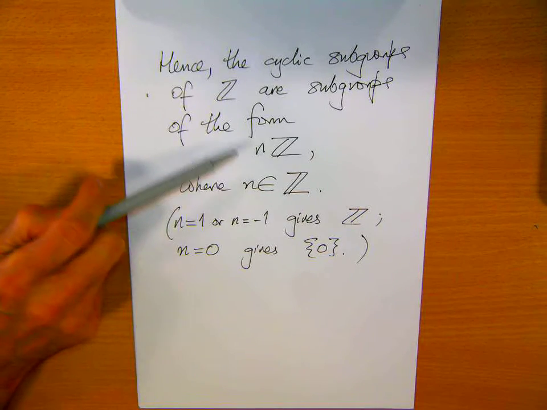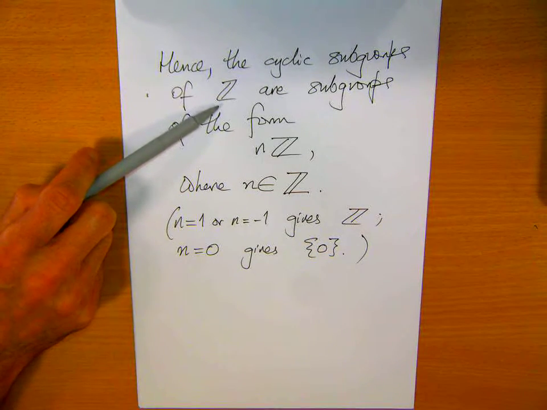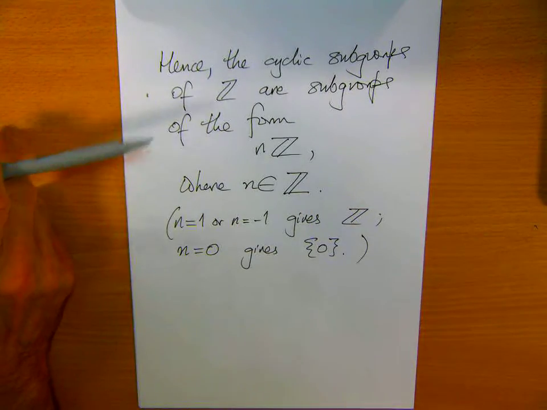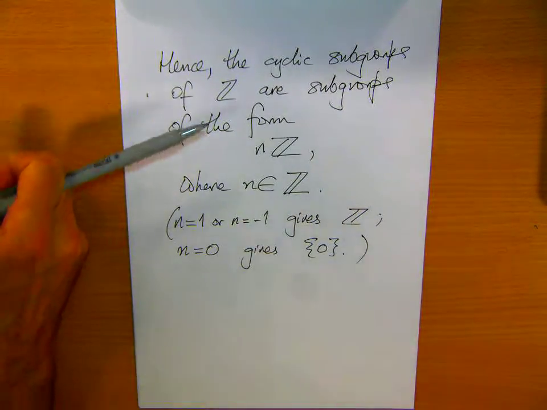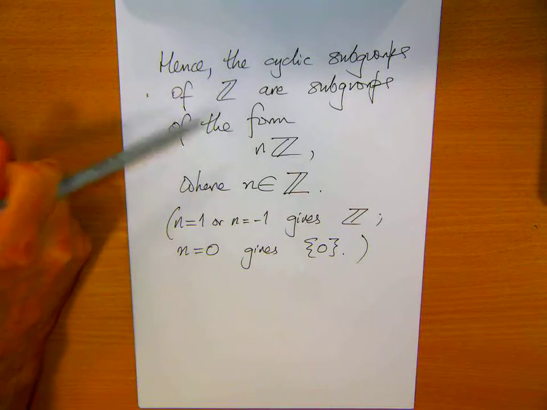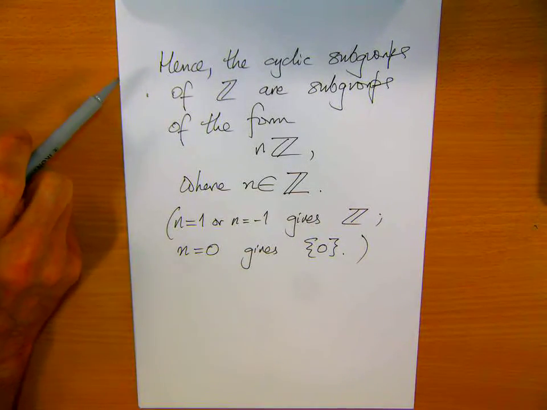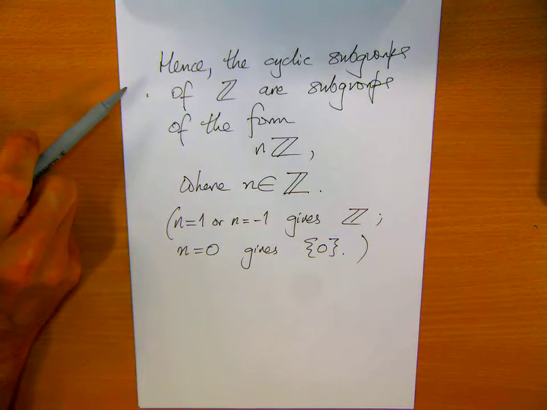So these are the cyclic subgroups of Z, and you could ask, well, are there any other subgroups of Z? And the answer is no, because as we're going to prove in a few minutes' time, and as you will have seen in your reading, if you've got a group which is cyclic, then any subgroup of that is also cyclic, and we mentioned that a few times in the tutorials yesterday.